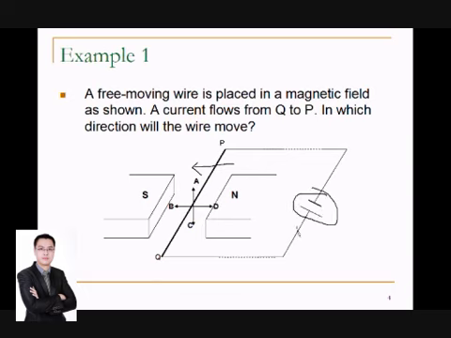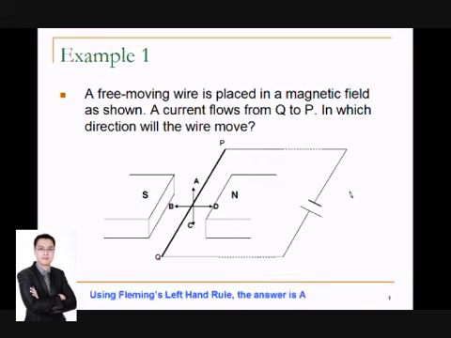In this case, the current is going down, and to the other side, the current is going up. So use your Fleming's left-hand rule, FBI. B is pointing from right to left. I is going towards P. What is the direction of the force? The force is obviously acting upwards. So as a result, the answer is A.